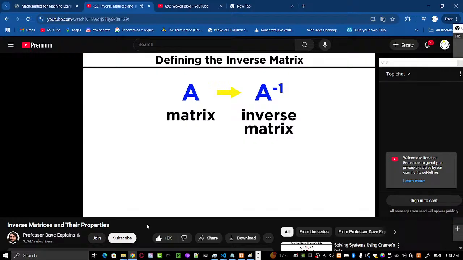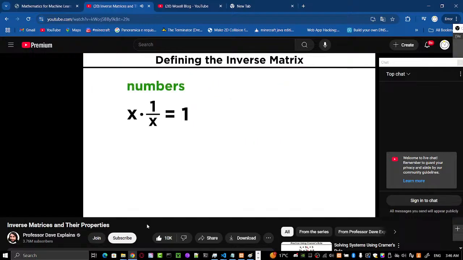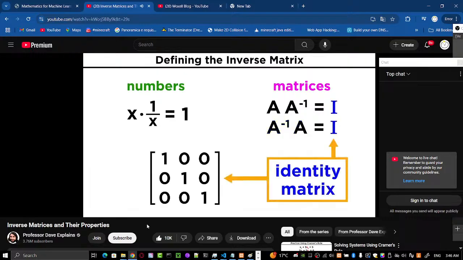But an inverse matrix is similar to the reciprocal of a number in another way. We can recall that a number times its reciprocal equals 1. Similarly, a matrix times its inverse, or the inverse times the original matrix, will yield an identity matrix, a square matrix with all zeros except ones across its main diagonal, which is kind of like the number 1 in matrix form. So in that sense, there is a correlation.